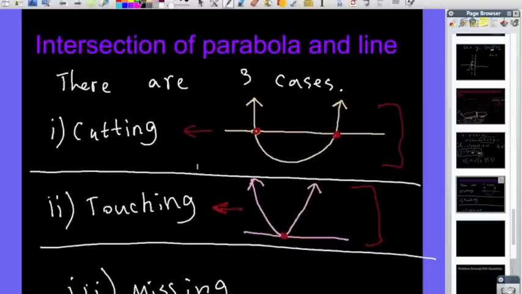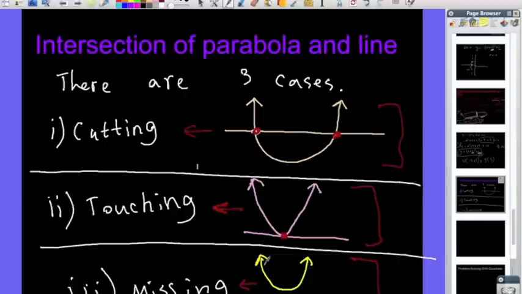But if the graph is like this, there are no points touching the x-axis, or any axis. So this is called missing. That's pretty much it.